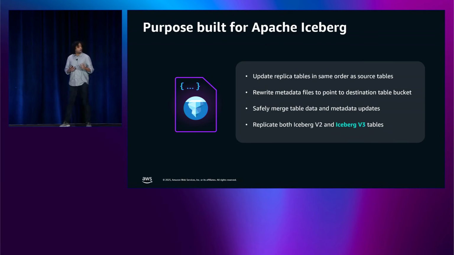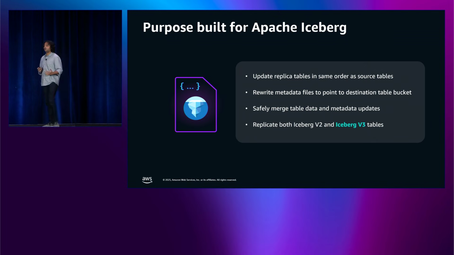Finally, a very important part of this is the way we want you to think about replication support is this is not just a blind copy of your metadata files. In fact, what we do is for each table update that you make, we understand what that update really means and then merge them safely on your replica.